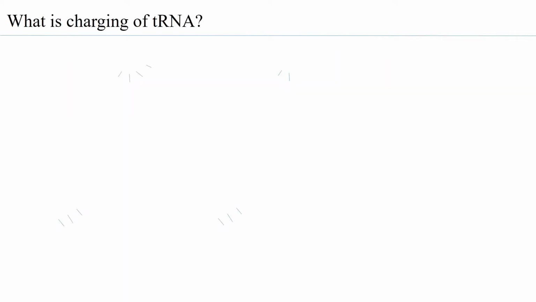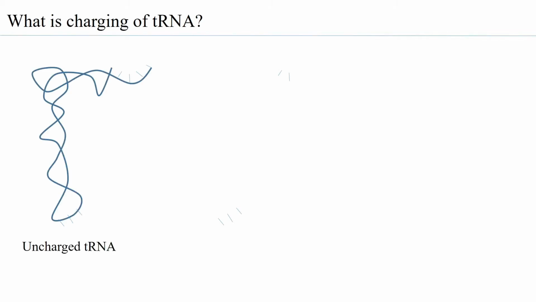So when you say charging of tRNA, or charged tRNA, what does one understand? Say, for example, you have just the tRNA without it being linked to the amino acid; such a tRNA is called an uncharged tRNA.